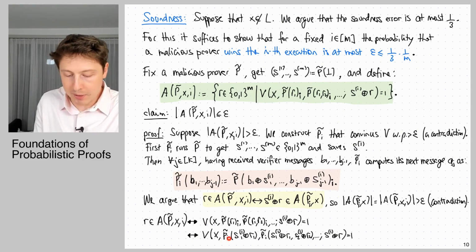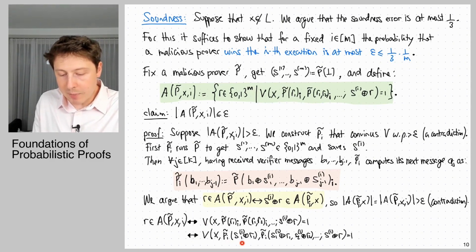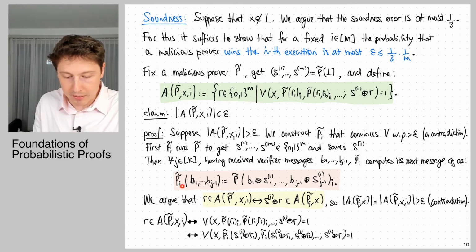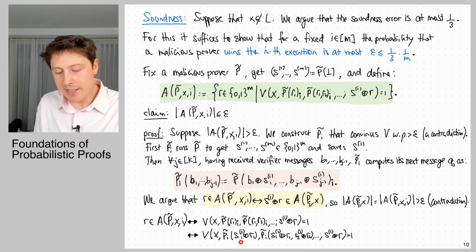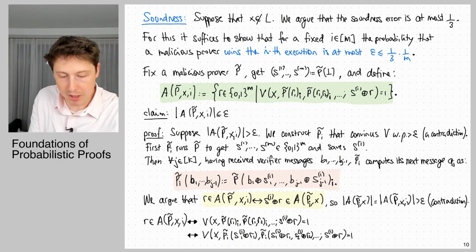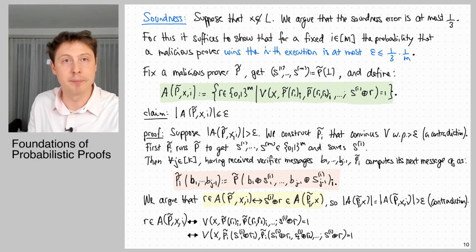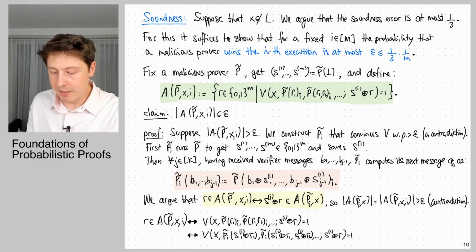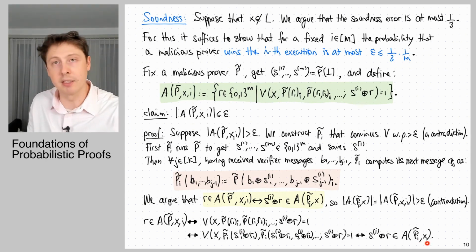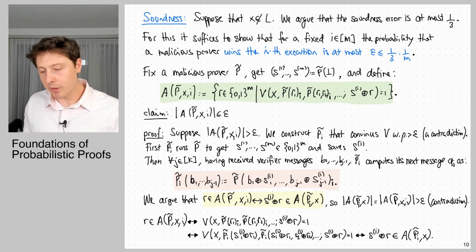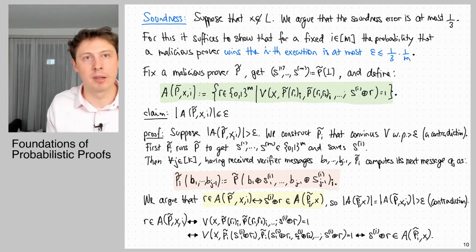But if I open up what this means, that means that this prover, by construction, is winning when I pass him these things as input, right? Because if I pass this as input, here, the two shifts cancel out, right? And we're having p tilde running on Ri, okay? But this is exactly the condition for this being an accepting string for pi tilde in the original interaction. So this says that these two sets are the same.